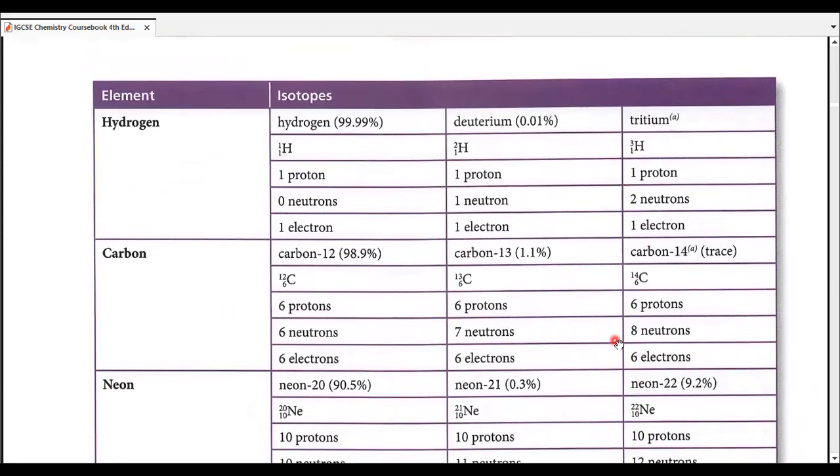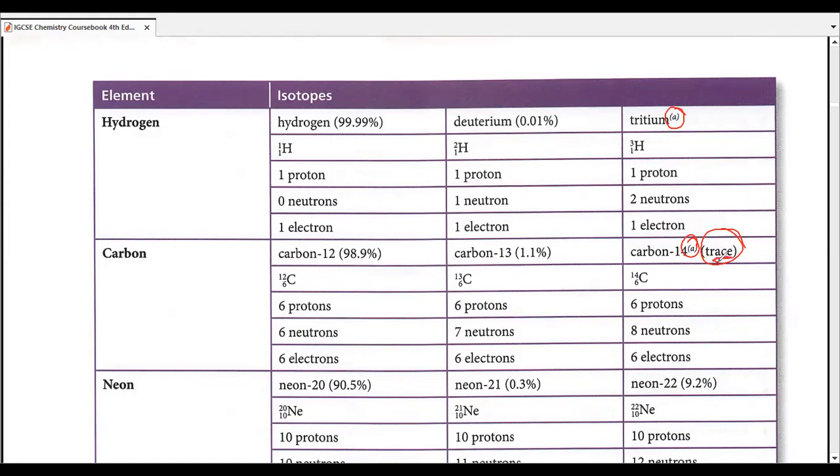Now, you might have seen a few important things over here. You might have seen this small symbol over here, or this word written next to carbon-14. When we use the symbol, we are actually referring to a radioactive isotope, which I'm going to define later.